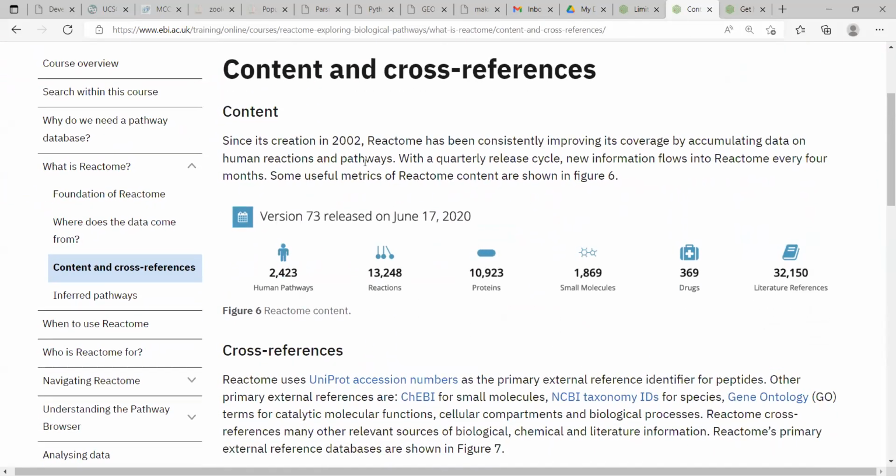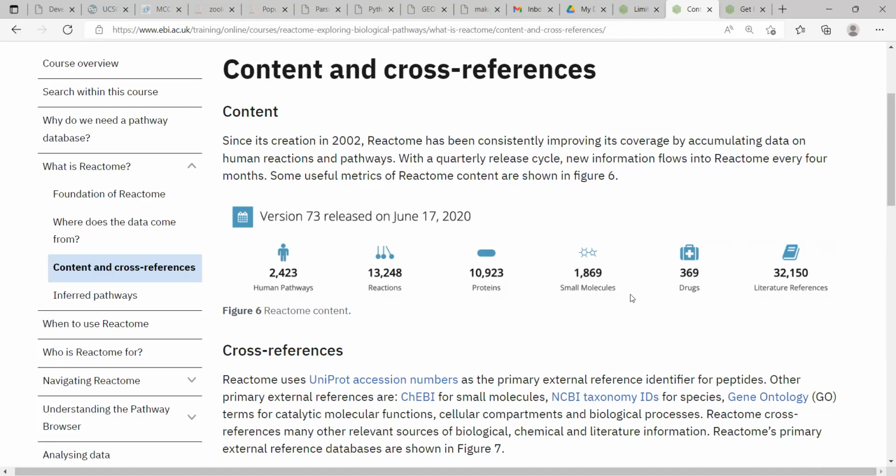So you can see that it is not very old, but almost 20 years ago, this kind of database was developed. And 2020 data is showing around 2,500 human pathways, more than 13,000 reactions, and 10,000 proteins have been incorporated in this large database.